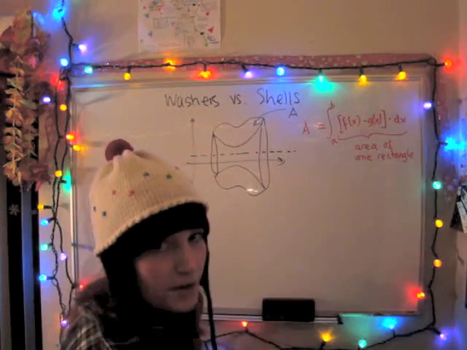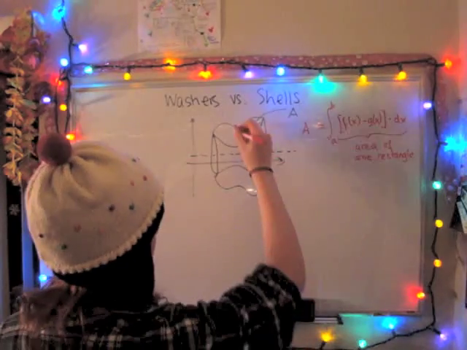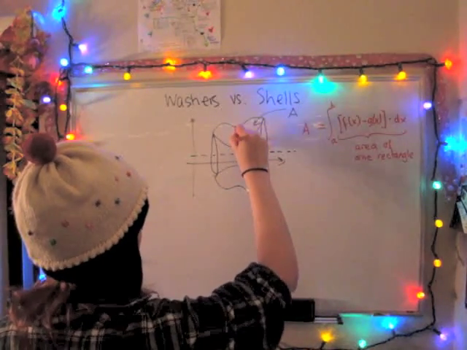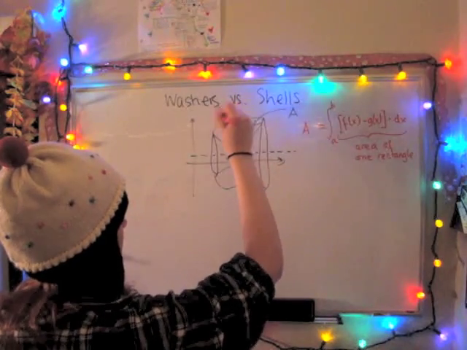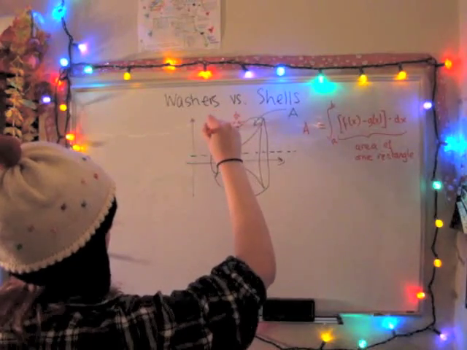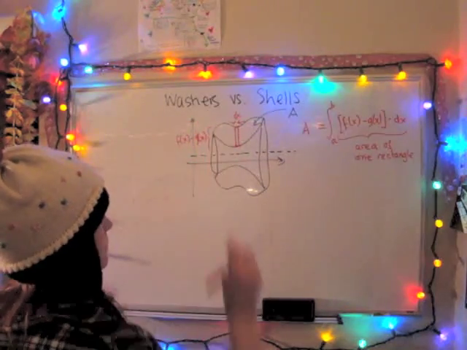Alright, so there's our solid of rotation again. Now, here's one area rectangle. We said we know that it has a width dx, and that it has a height f of x minus g of x.